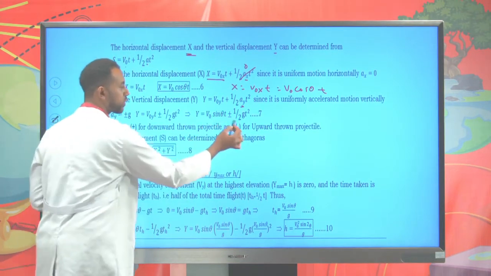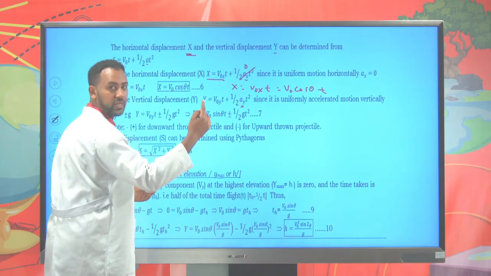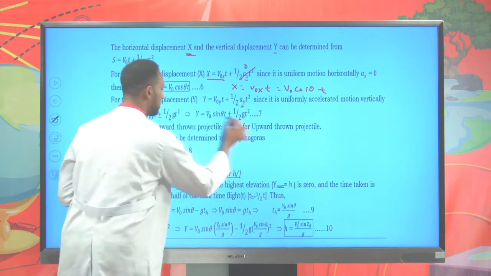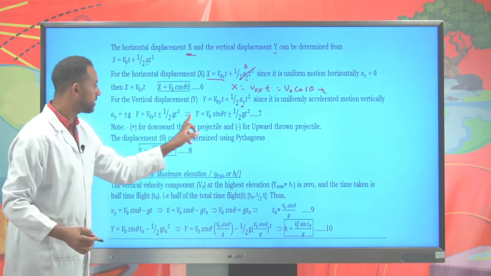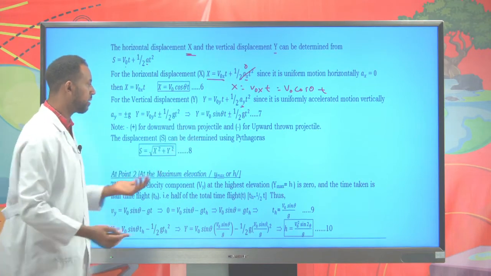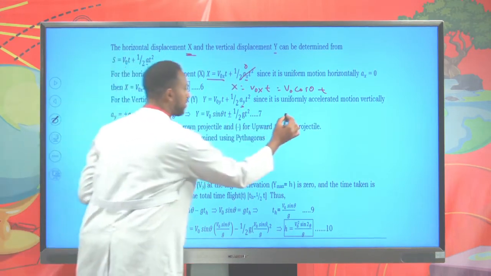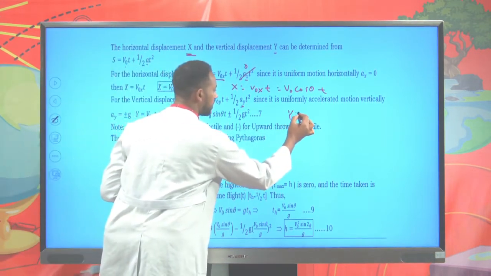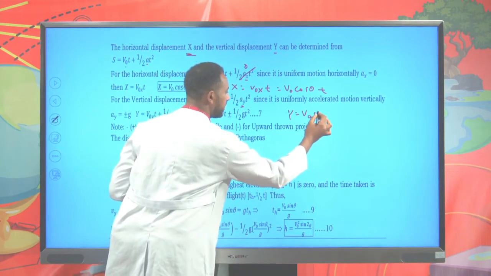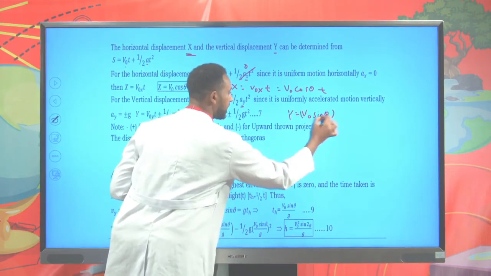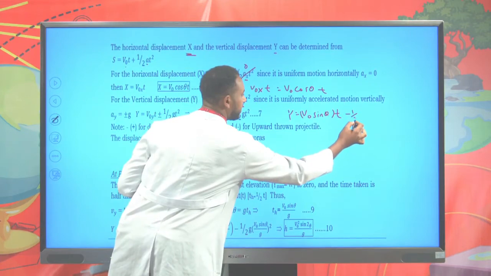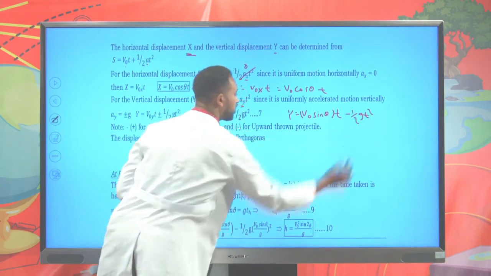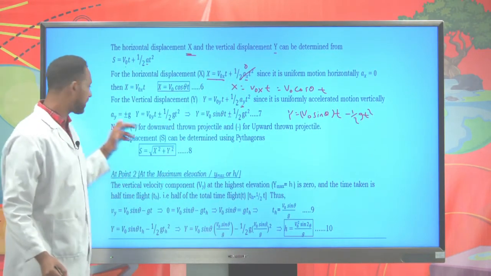So we use plus or minus. We have said that for upward, minus; for downward you can use plus. So this is how we determine the vertical displacement component. So y equals v naught sine theta t minus half g t squared.